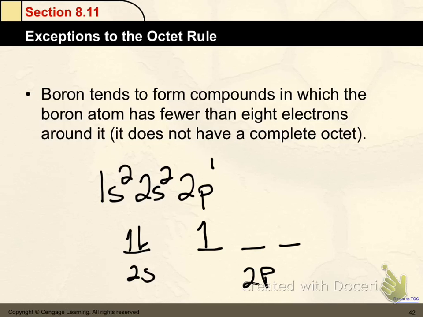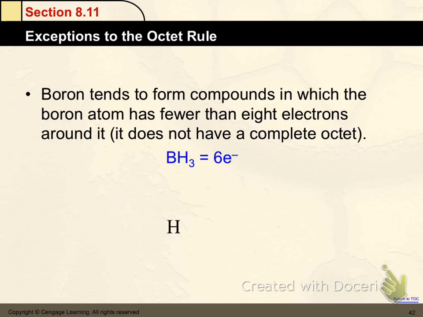All right, so we're often going to see that it does not fill up the total p sublevel, that it leaves it a bit empty or half full. Okay, so let's take a look at boron here. Let's get an example. Here's BH3, boron trihydride, okay, with 6 electrons. Okay, if we count them out, let's do that. Boron, how many valence electrons? 3, right?